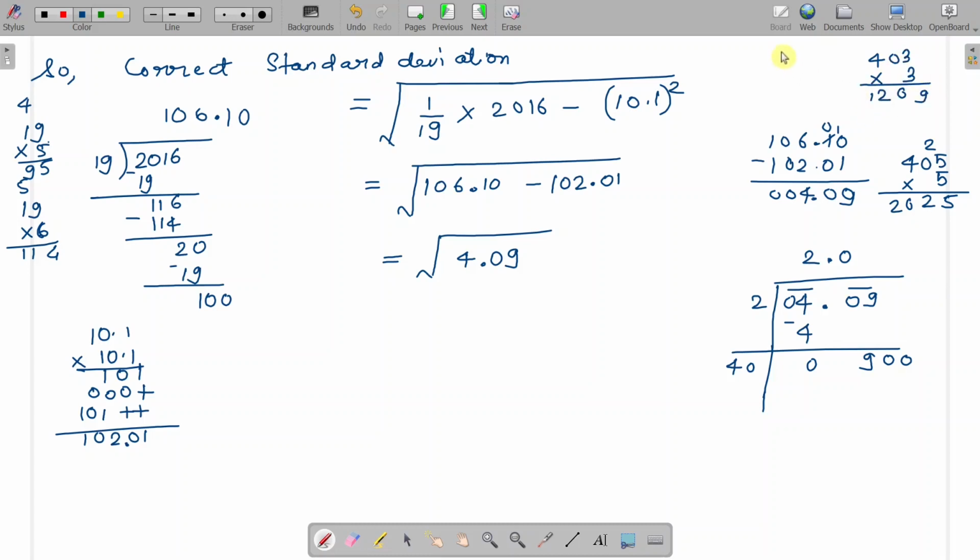Okay, 4 0, 2 into 2, that means 804. Okay, so 2 you will get here, so the answer is 2.02. Okay, so this is the correct standard deviation. So that is the first part of the problem.